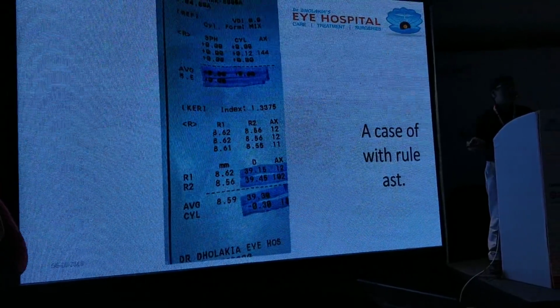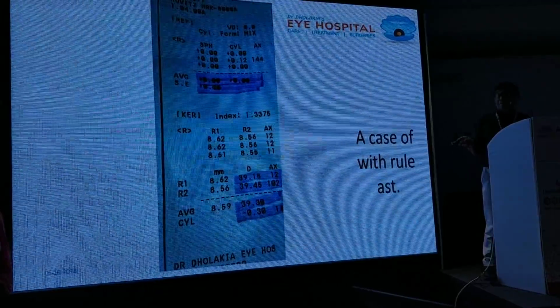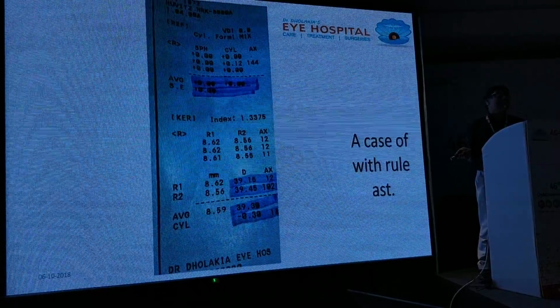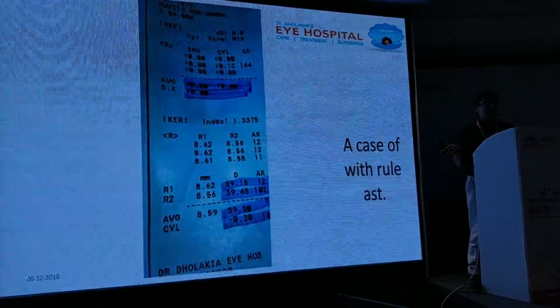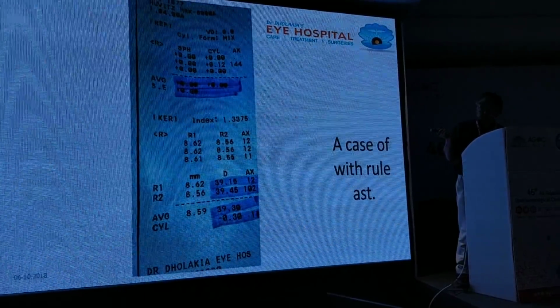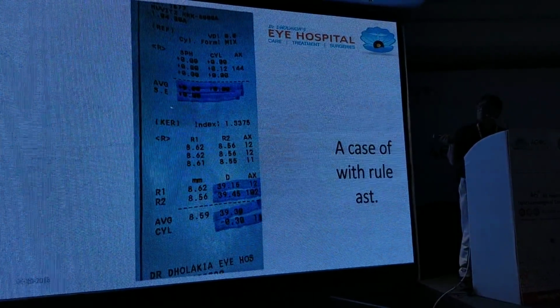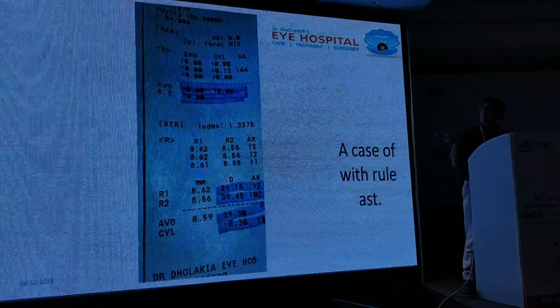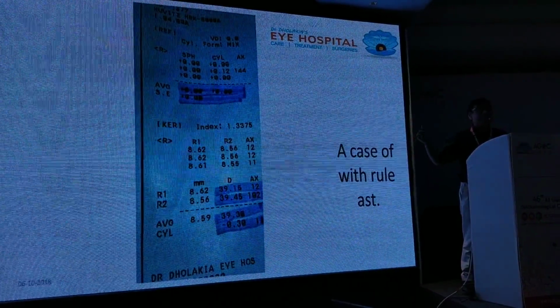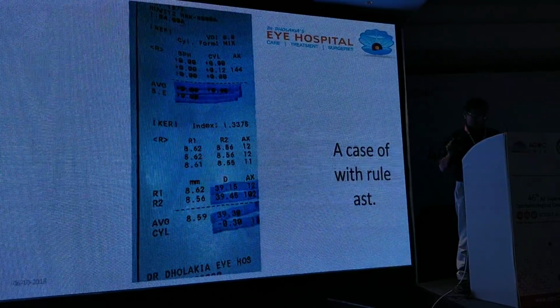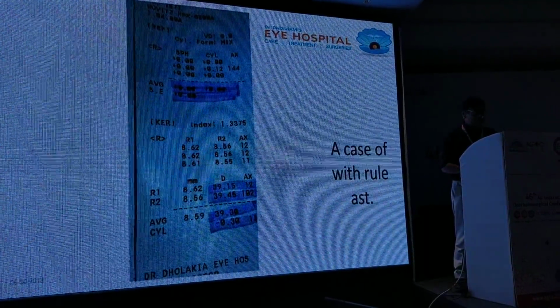Even just looking at the K1, K2, you can decide whether the patient needs a toric IOL or not. And if the patient wants a multifocal IOL, jolly well you can enjoy the multifocal IOL in this patient, because postoperative astigmatism is going to be practically 0. This is going to be the impact on your post-cataract results.